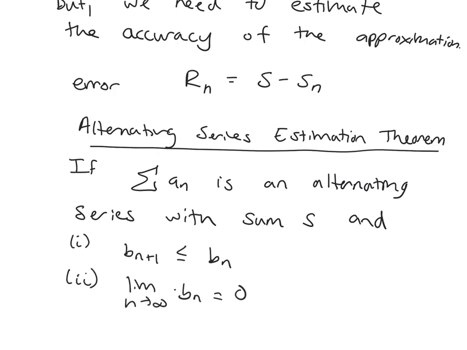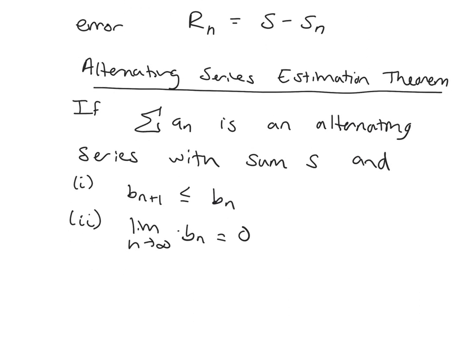So if it meets the conditions of the alternating series test, then the error, R sub n, which is from my remainder, is bounded by B sub n plus 1.